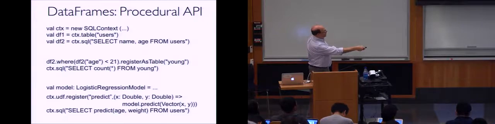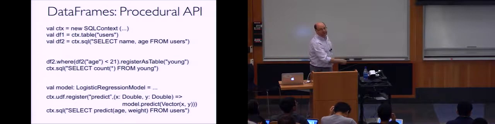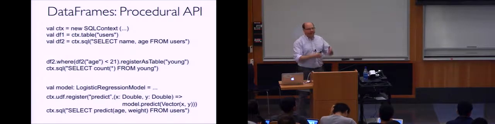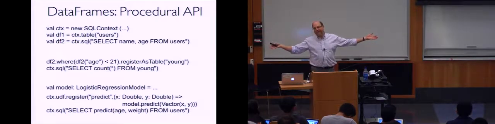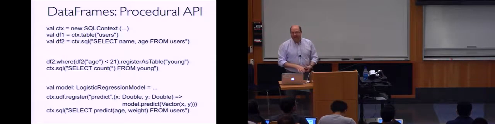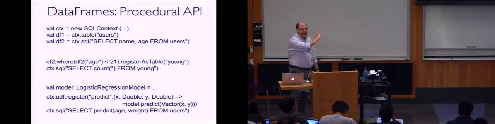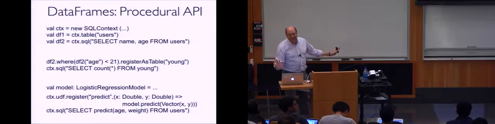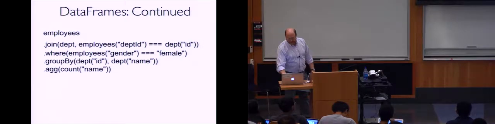So I can run a query on the users table where I'm pulling out a prediction based on the age and weight, and this prediction is actually a logistic regression model that was created in Scala. And of course, if you're doing this on Spark, it gets parallelized across the cluster. There's a lot of magic going on. But this is how you're moving back and forth. We didn't make SQL Turing complete. We just figured out a way to embed it nicely into a language that was Turing complete. Don't worry about the syntax, but that's all that's going on here.